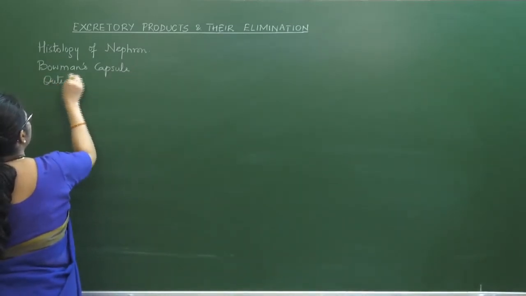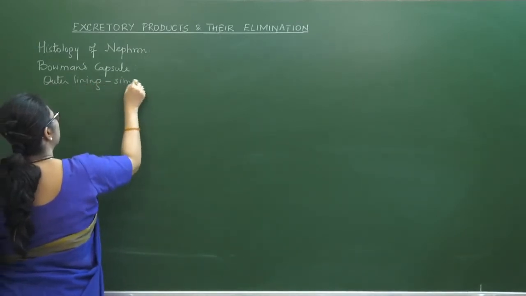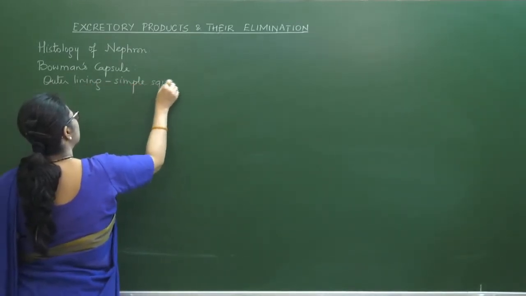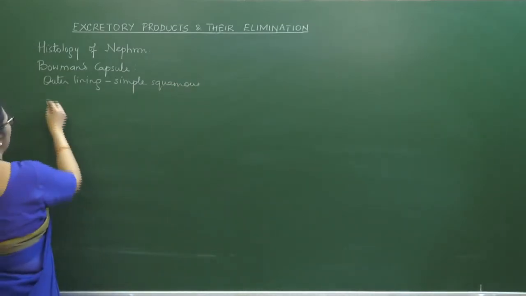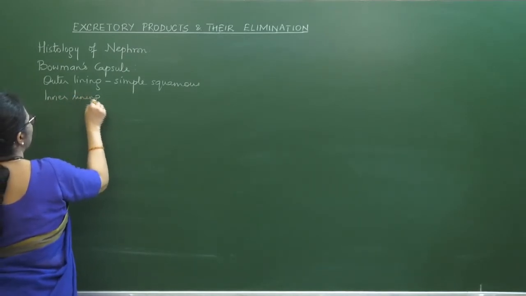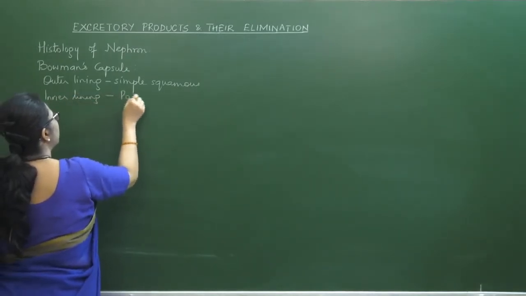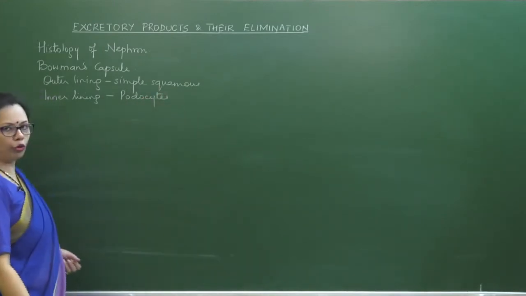So outer lining is made up of simple squamous epithelium. Outer lining is simple squamous. The inner lining, this is also simple squamous, but these are specialized cells, and this inner lining is made up of podocytes.